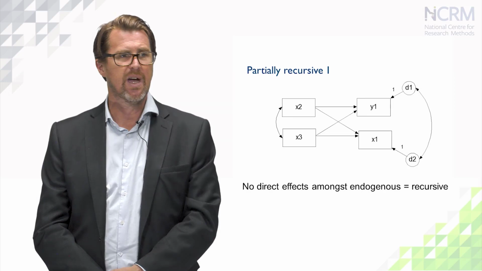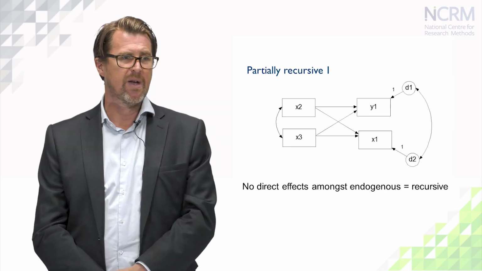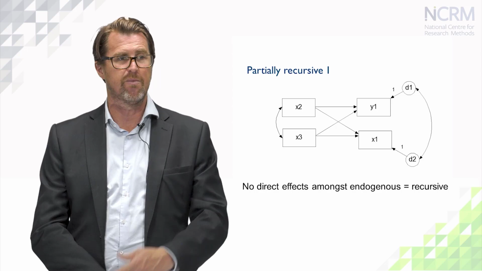Now, there are some grey areas, and this results in what we refer to as partially recursive models. Here we see that we have a correlation between the disturbance terms, but we don't have any direct effects amongst the endogenous variables in this model, the endogenous variables here being y1 and x1.